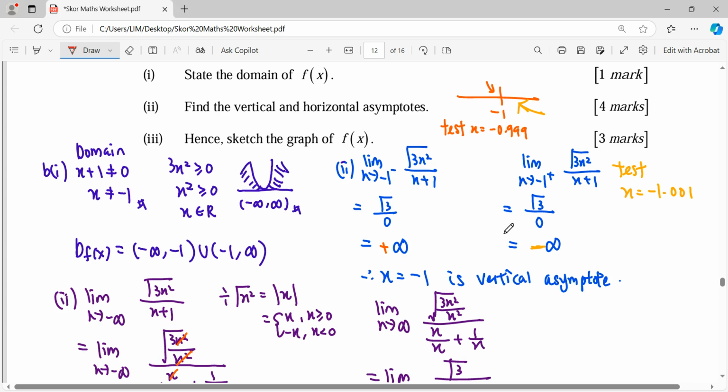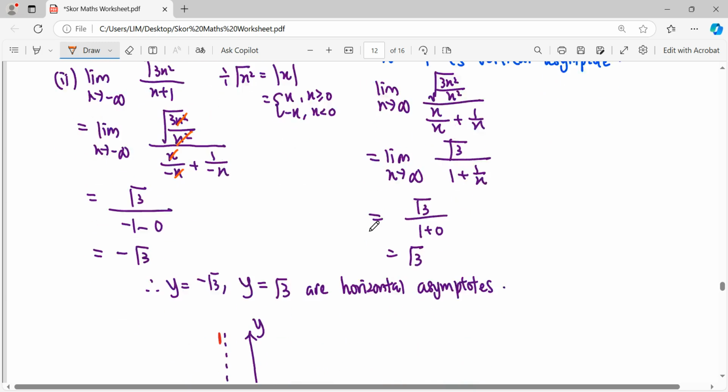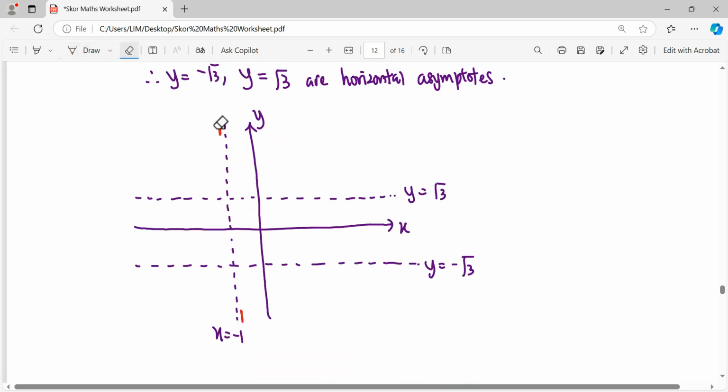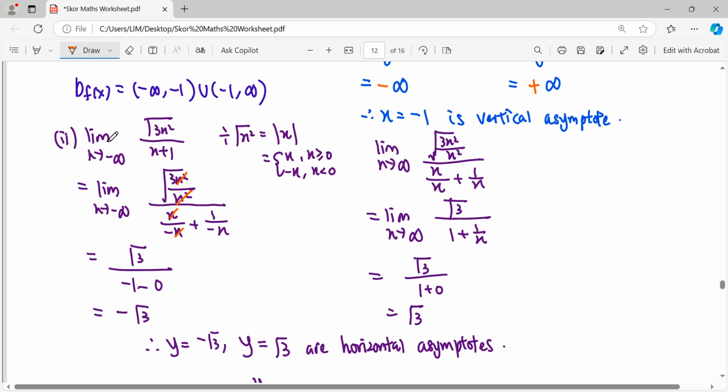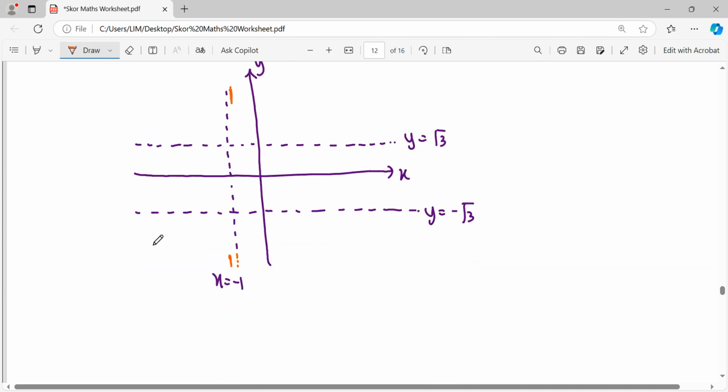Alright, so we have some mistake here. Just now I inverted these two parts. This is from the testing, this is from the left. So this one is supposed to be positive. This is testing from the right, supposed to be negative. So that's why these two will be opposite. And then when x approaches -infinity, going to the left hand side, the graph approaches -3.